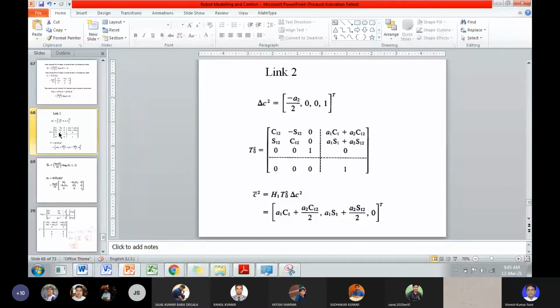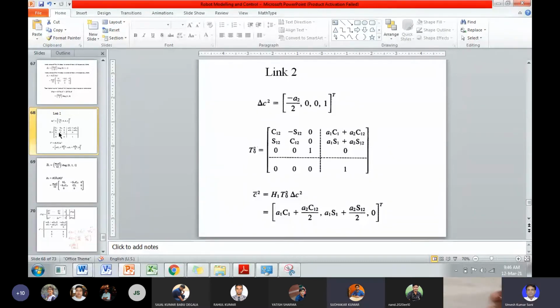So D2 equals R20, C12 minus S12 0, and now D2 bar is 0, M2A2 square by 12, 0, 0, M2A2 square by 12, and then you have the transpose of this, C12 S12 0, minus S12 C12 0. Clear? Is this much visible? Yes sir.